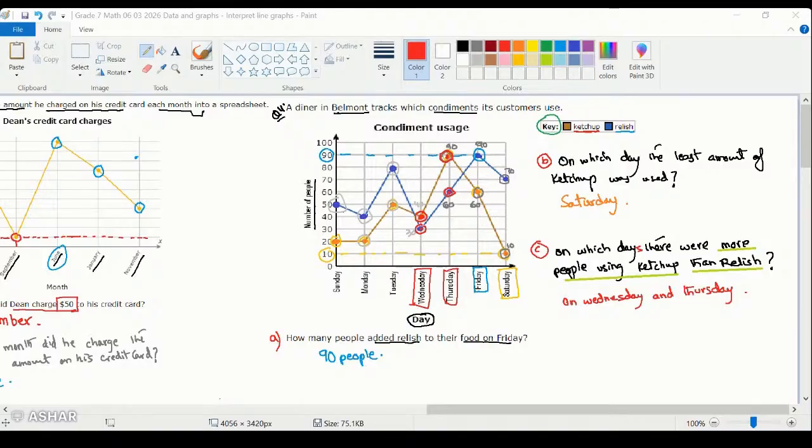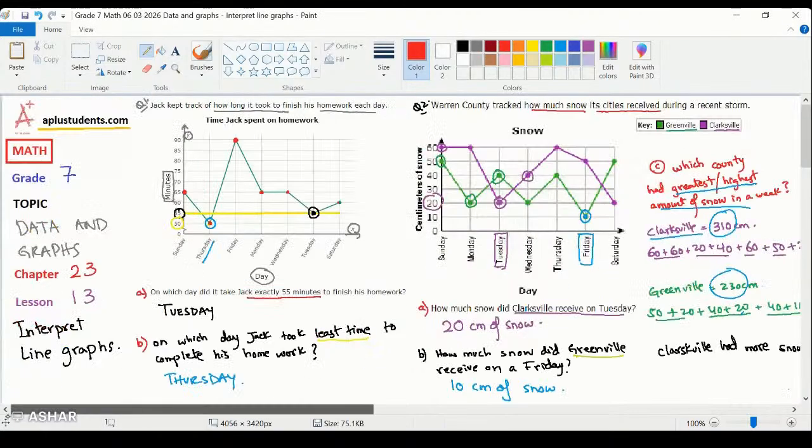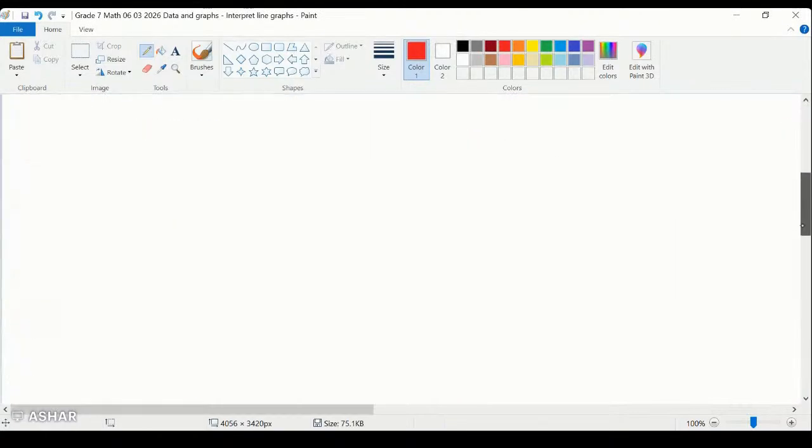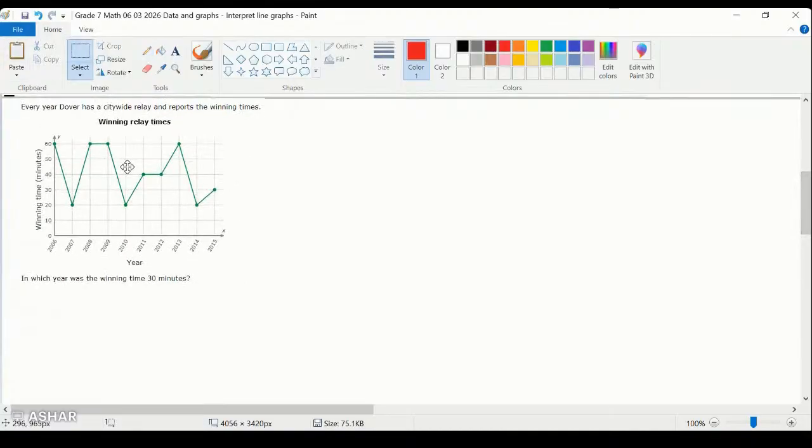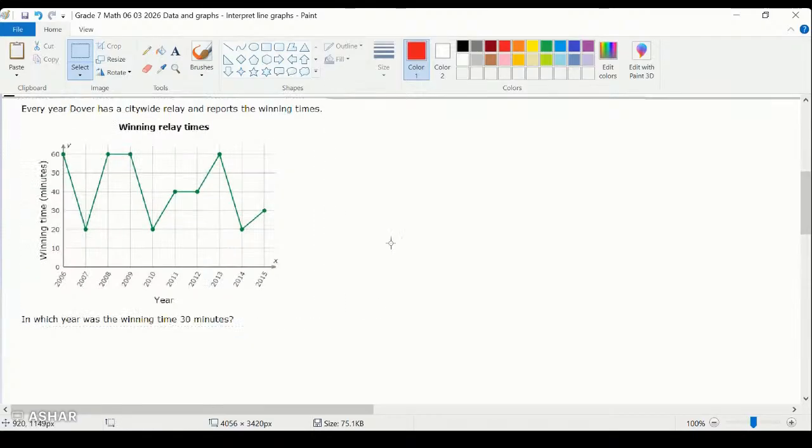Okay, for the next question, let's go to question number 5. The next question says, every year Dover has a citywide relay and reports winning timings. That means the vertical axis shows the winning time and these were the years.